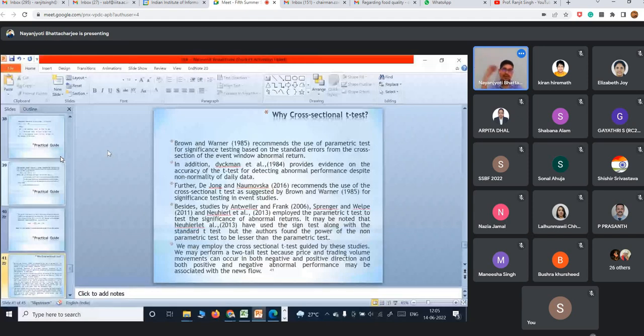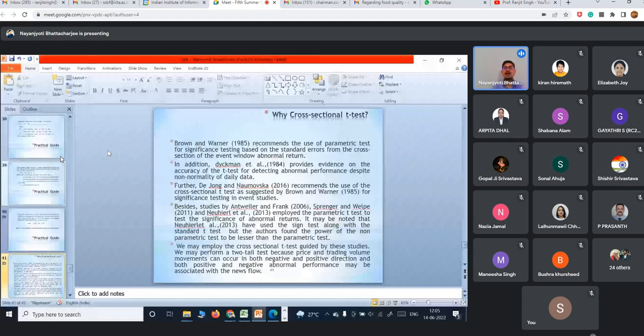For more robustness, one can also employ the parametric sign and rank test, but typically you will see that whatever results you have obtained through the cross-sectional t-test are also corroborated by the sign and the rank test. That means you will obtain the same results. So the suggestion is to go with the cross-sectional t-test. If you want, you can go with the non-parametric tests as well, the sign and rank test in that case.